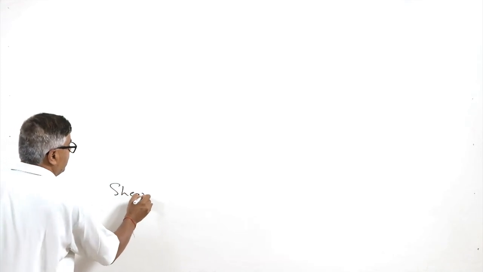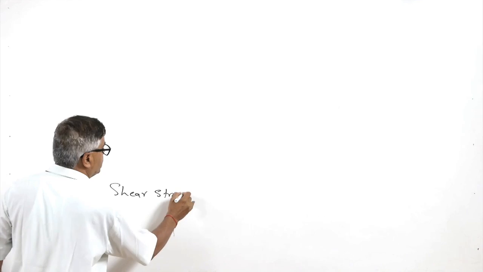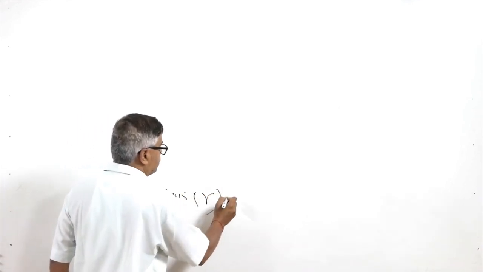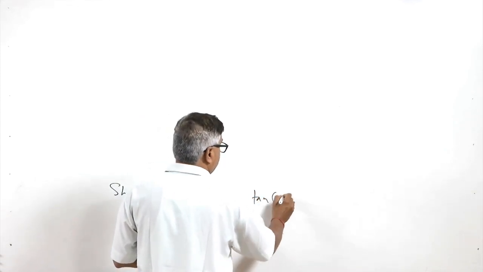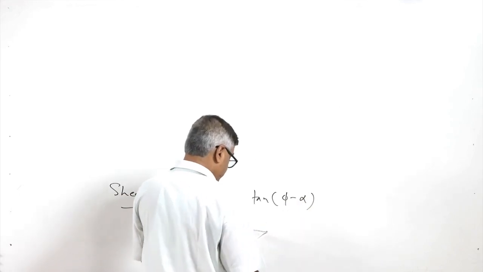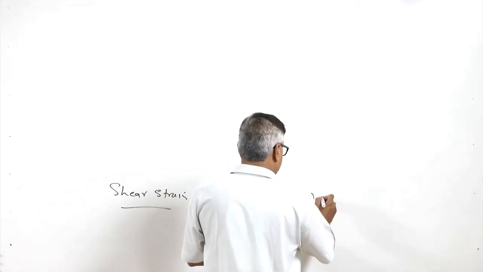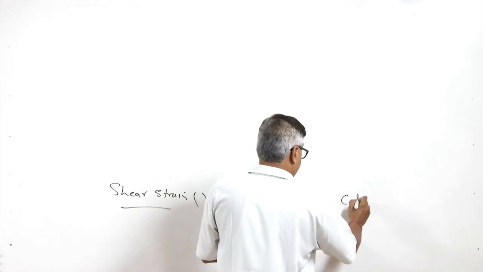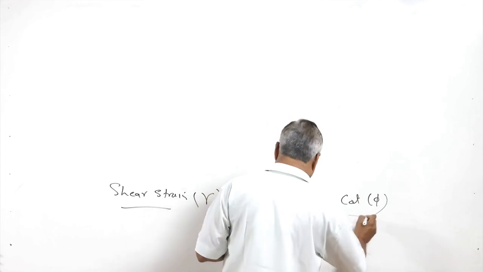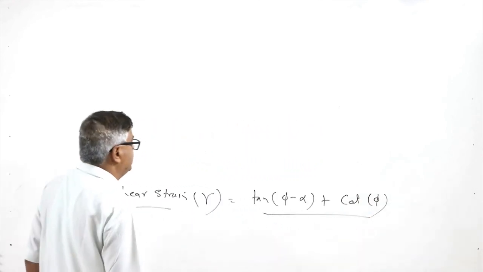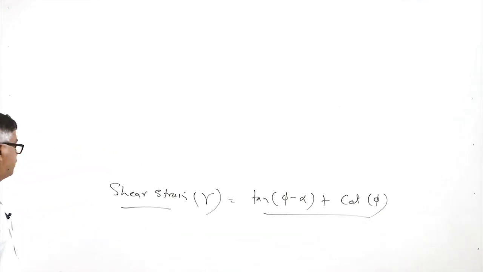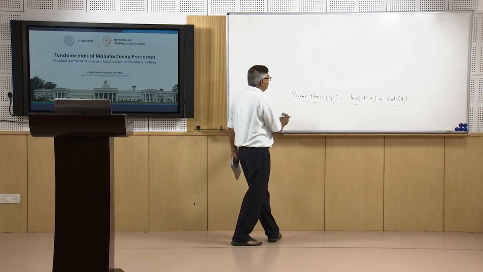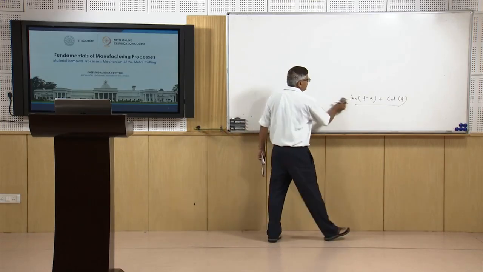The shear strain induced in the material due to the shearing is expressed with the help of one equation, which is written as tan(phi minus alpha) plus cot phi. This equation can be used for calculating the strain experienced by the material when it passes through the shear plane in the course of material removal by the shearing action during machining.